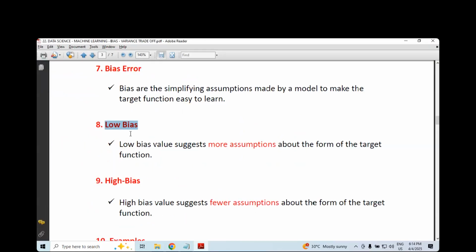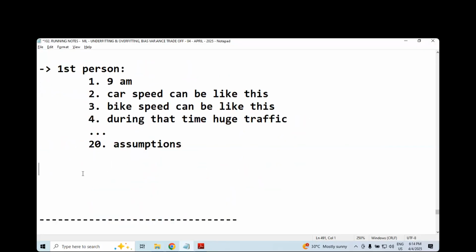Now I'm sure you can understand. Low bias means small error. Because of more assumptions. The example you connected, I guess. Now the second person. During police training, they will try like this only. Look at the incident, what exactly happened, where exactly, what the damage levels of the car and the bike are, in what direction they are coming, how much the speed is, whether there are any injuries.